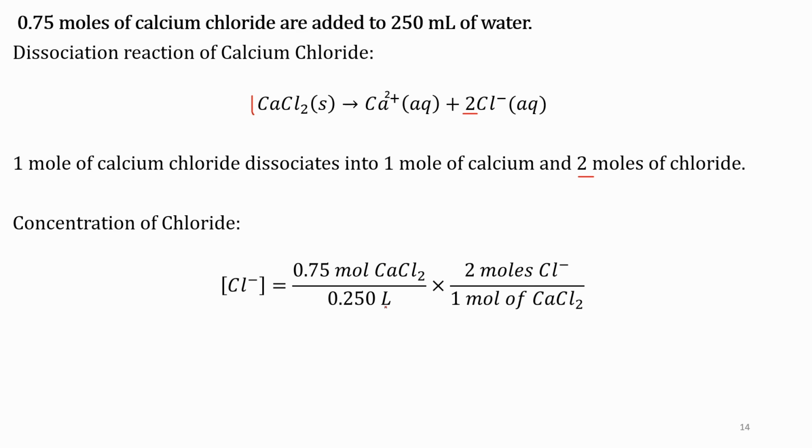Now we have to multiply by 2 moles of chloride per 1 mole of calcium chloride. So this is some stoichiometry you have to see. We can cancel out moles of calcium chloride with moles of calcium chloride. We're left with moles of chloride per liter, and that's going to be the concentration of chloride.